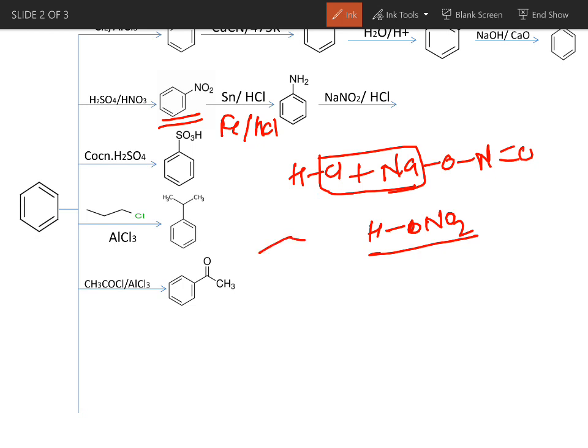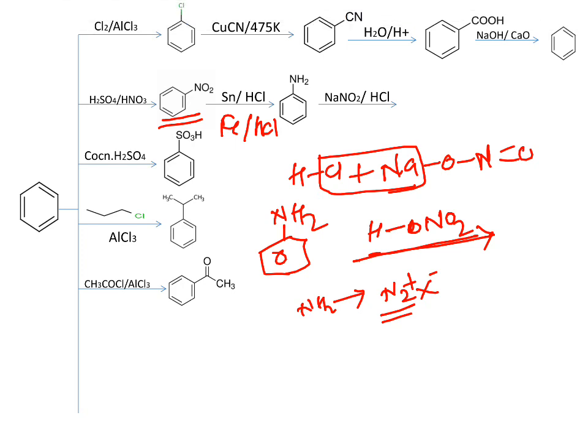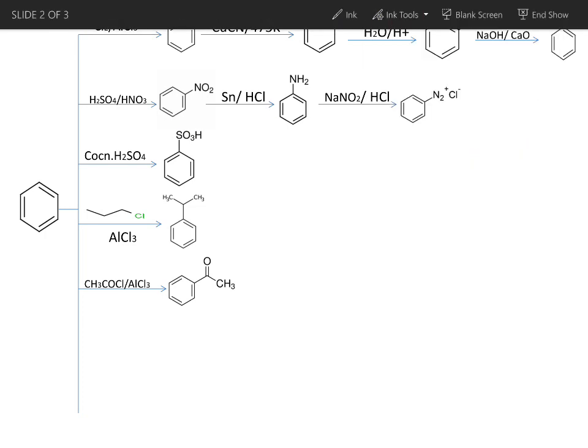When aniline, or primary amine, is reacted with nitrous acid, it will get converted into diazonium salt. So here when aniline reacts with mixture of NaNO2 and HCl, it forms HNO2 and forms a compound known as benzene diazonium chloride. Benzene diazonium chloride is an important intermediate for many reactions.